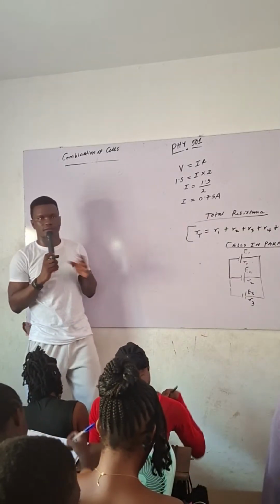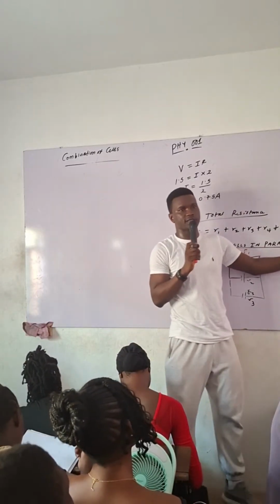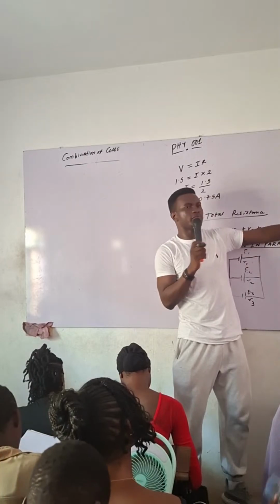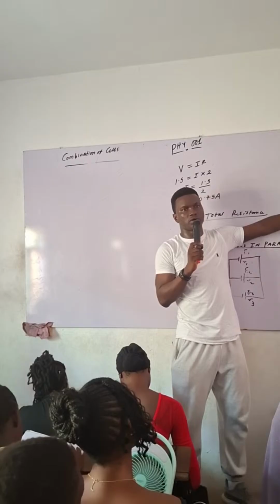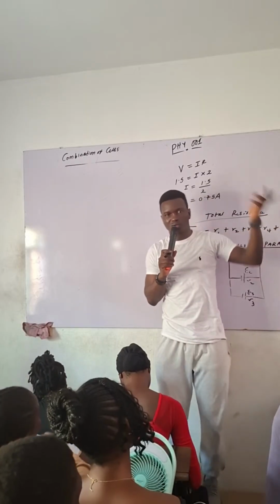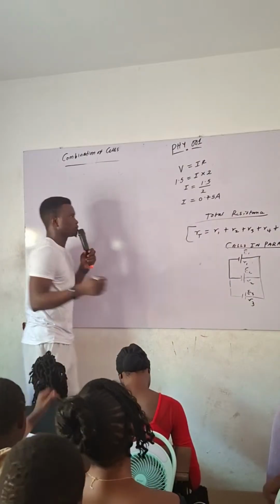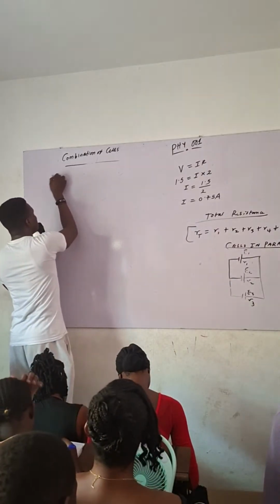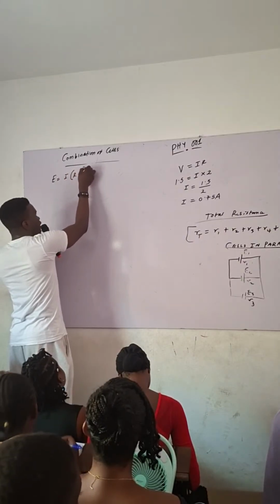Let's check it. When you have an internal resistance present, you have EMF present, and you have external resistance, you already know which formula to apply. So the first formula that should come to your mind is that E is equal to I into R plus r.